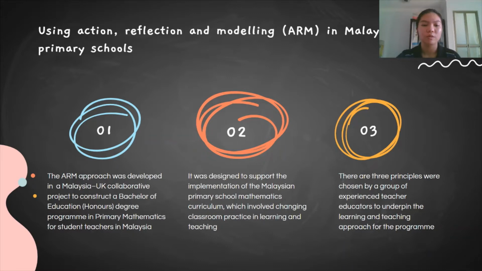This brought about the collaboration of Malaysia and UK, a Malaysia and UK collaborative project. In this project, a pedagogy approach, the ARM approach, was developed to construct a Bachelor of Education degree program in primary mathematics for student teachers in Malaysia.